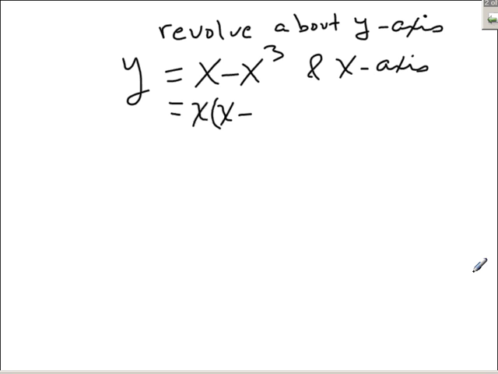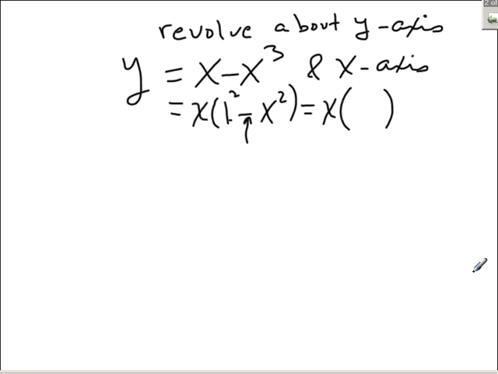To factor y equals x minus x cubed, excuse me, that should be a 1. When we pull out an x, we get x times 1 minus x squared. But what's in the brackets is the difference of squares, because 1 is the same as 1 squared. It's the difference because of the subtraction symbol.